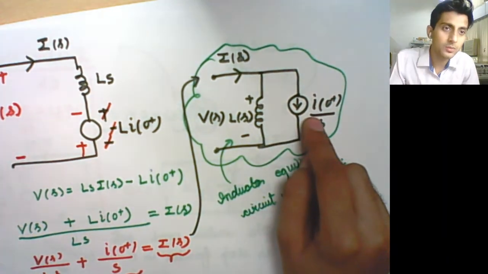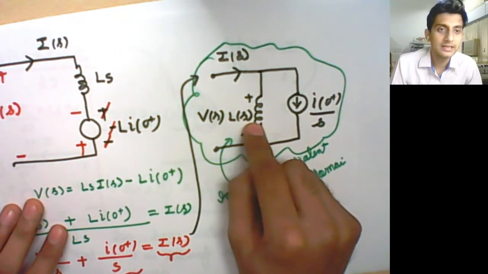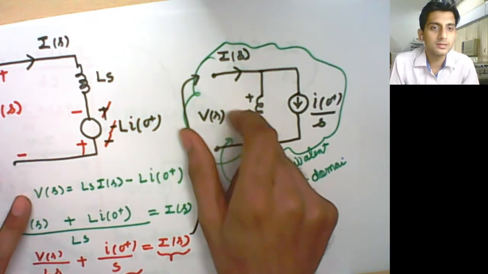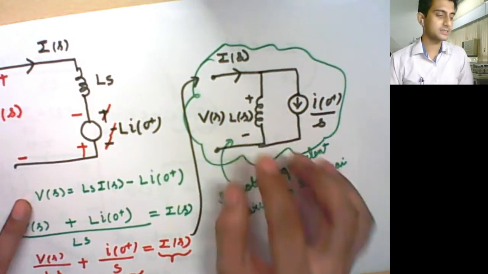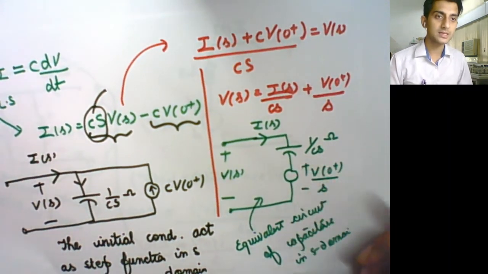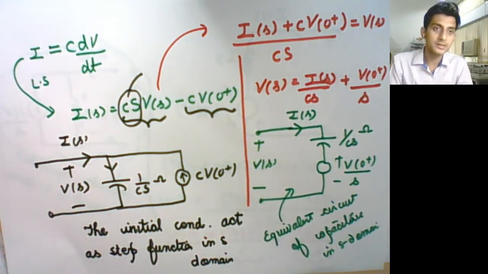And if I0 plus is equal to 0, it would be replaced by an open circuit. You will only be left with the inductance value Ls. इसके across voltage Vs है और ये function of S नहीं L into S है, ठीक है, ये याद रखिए. This is Ls. और ऐसे ही यहाँ पर it is not 1 upon C function of S, it is 1 upon Cs itself. So we call this the transform impedance method or impedance equivalent circuit in S domain.